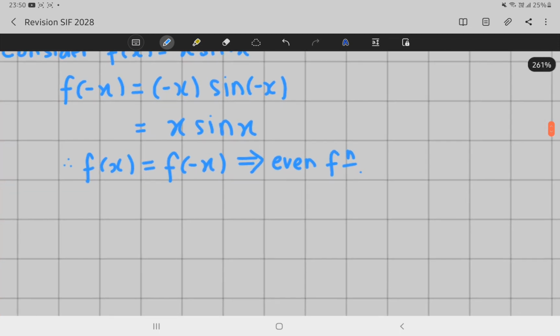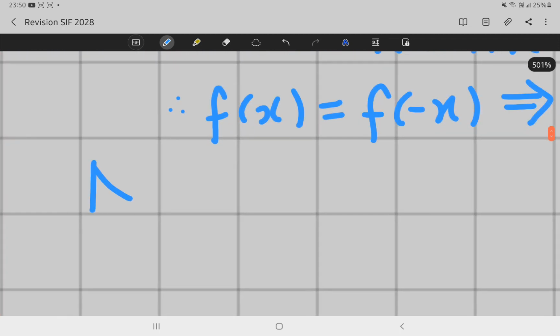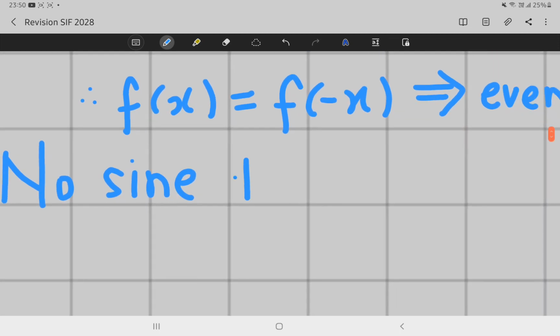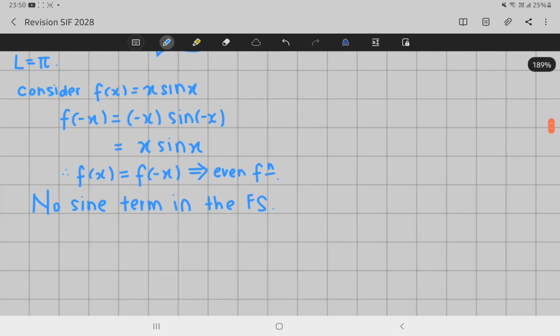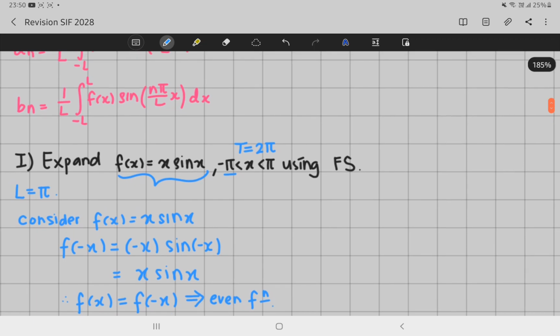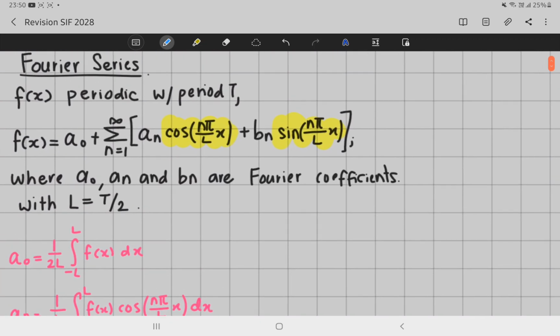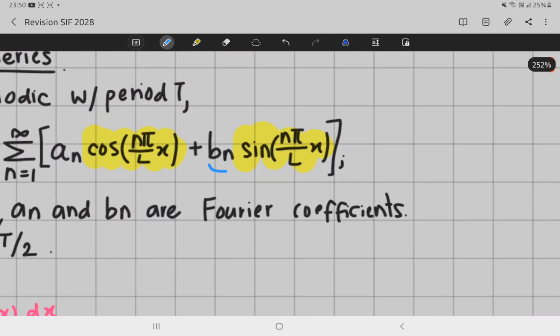So there is no sine term in the Fourier series. What coefficient contributes to the sine term? It is b n, right?